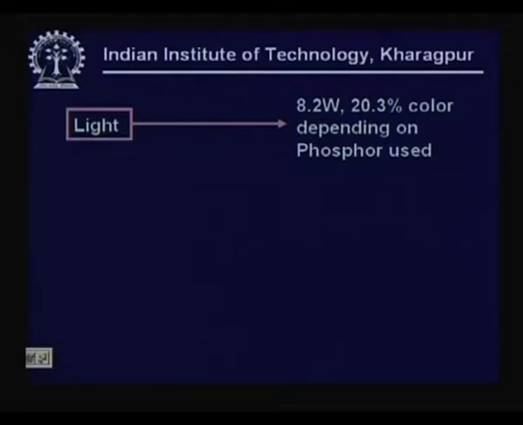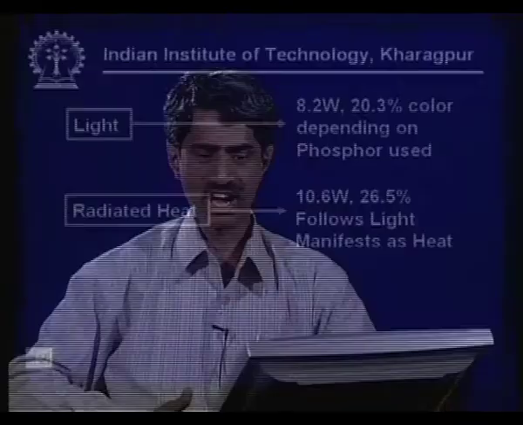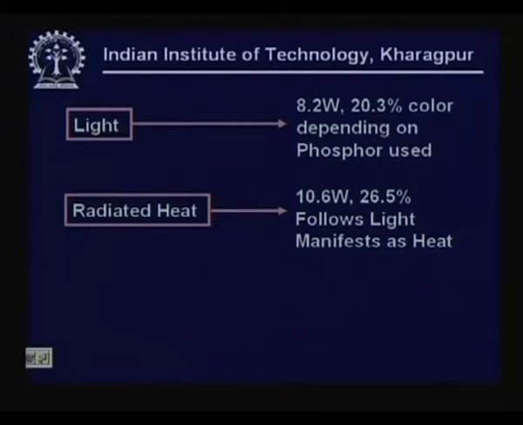we get about 8.2 watts and 20% of the energy is being used, and color of course depends on phosphorus used. To some extent color can be altered by way of the usage of appropriate envelopes. The radiated heat is around 10 watts which goes along with the light.